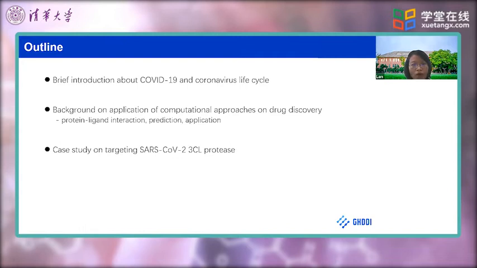And then I will give the background on the application of computational approaches to drug discovery in general, and I will specifically talk about protein-ligand interaction and its prediction and application. Then I will give a demo of a case study using a computational approach to target SARS-CoV-2 3CL protease.